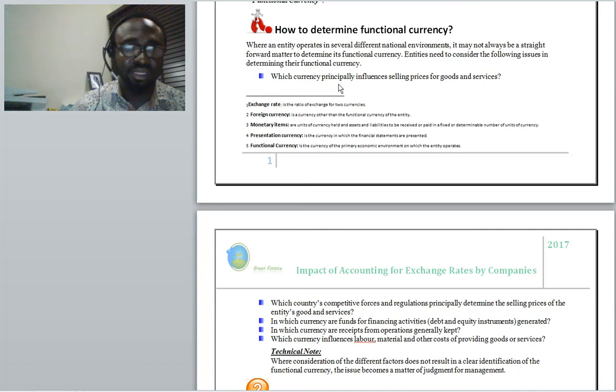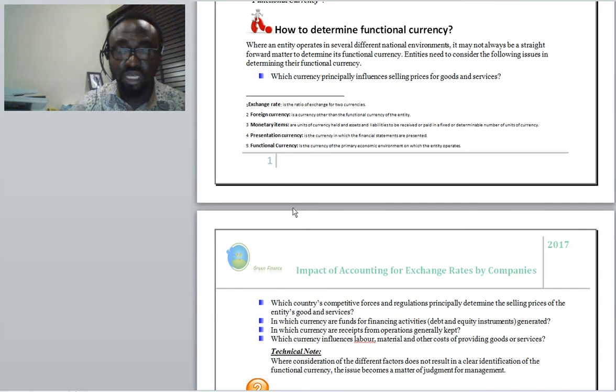This will determine your functional currency, which means if goods are purchased in dollars, but they are primarily sold in naira, we could presume that naira is your functional currency. But this is not done in isolation. Other factors may likely be taken into consideration, which implies that a holistic view will have to be taken.